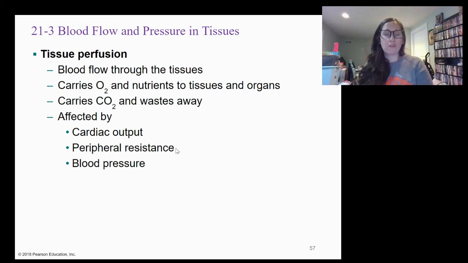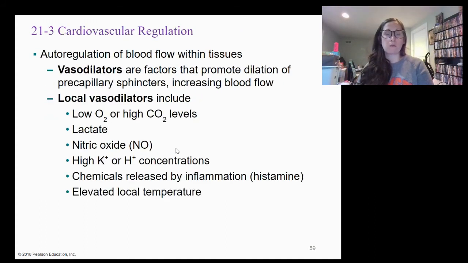And you can see there's a few different factors that can influence that. Obviously, how healthy and how productive your cardiac output is in your heart. Obviously, the resistance that is being met in those vessels as we head into the different tissues of our body, and then obviously your blood pressure as well. So when we talk about that movement of blood flow, that perfusion, obviously vasodilation can be important for that.